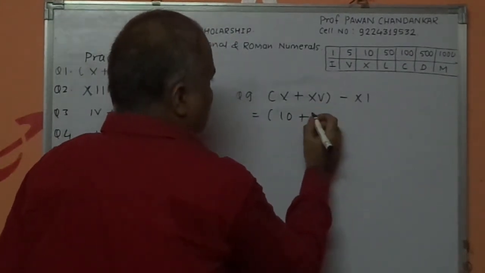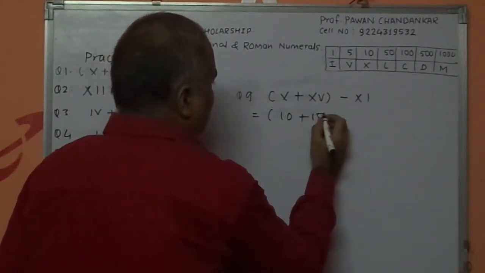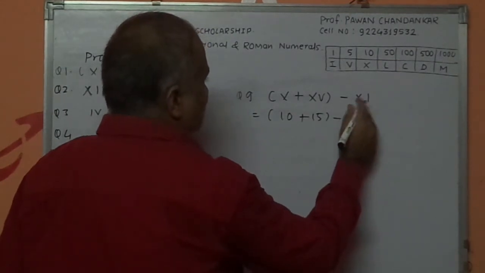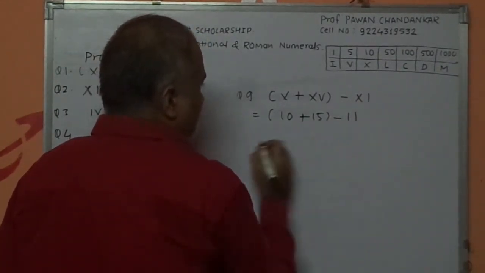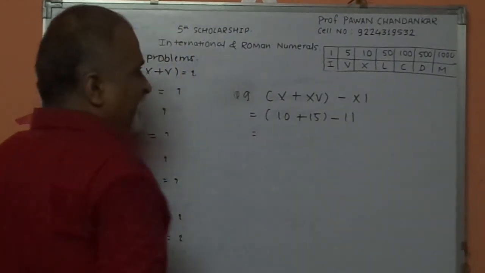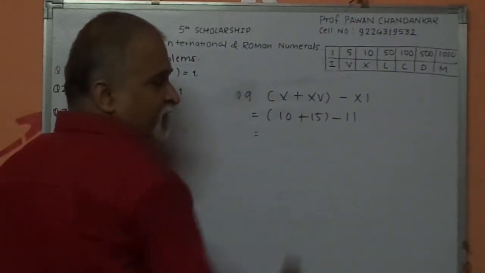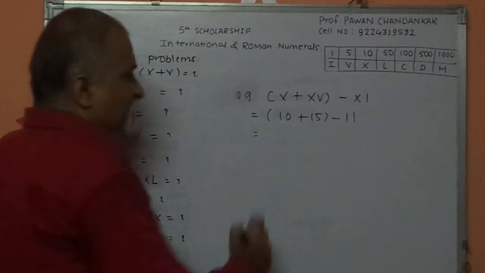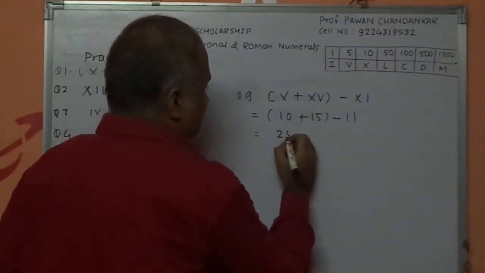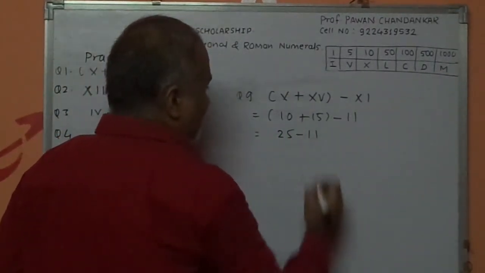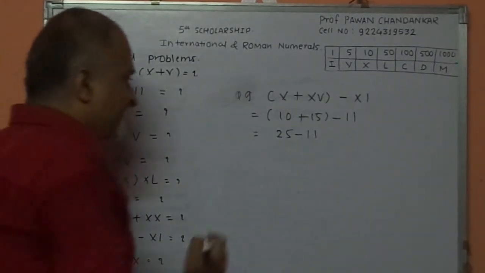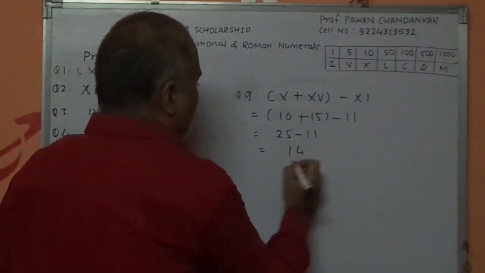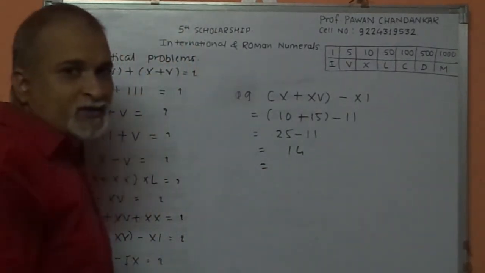And xv means it is 10 plus 5, 15. Minus, this is what, x plus i, means 10 plus 1, it is 11. So let us solve the bracket first of all. 10 plus 15 is what, students? It is 25. So 25 minus 11. Yes, students, 25 minus 11 is what? 14. So how will you write 14 in Roman numerals, students?